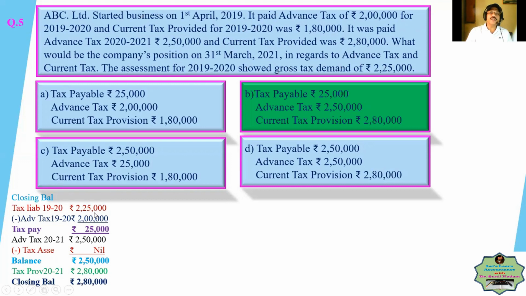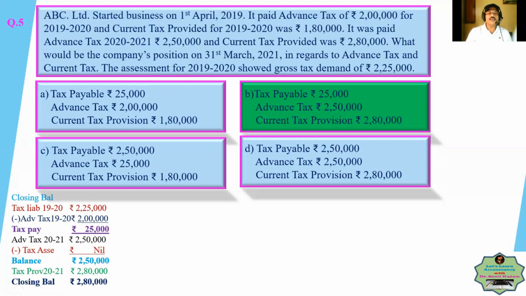For this, the company had paid advance tax of 2 lakh in the 19-20 year. We deducted it, so the balance advance tax was 2 lakh, but the requirement was 2,25,000. So 25,000 is not yet paid. Tax payable is 25,000.